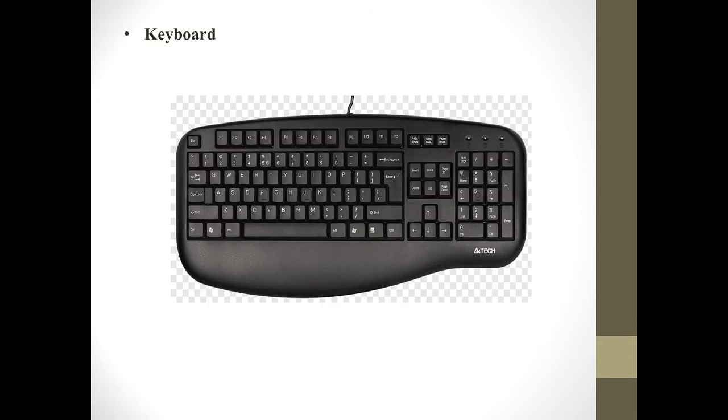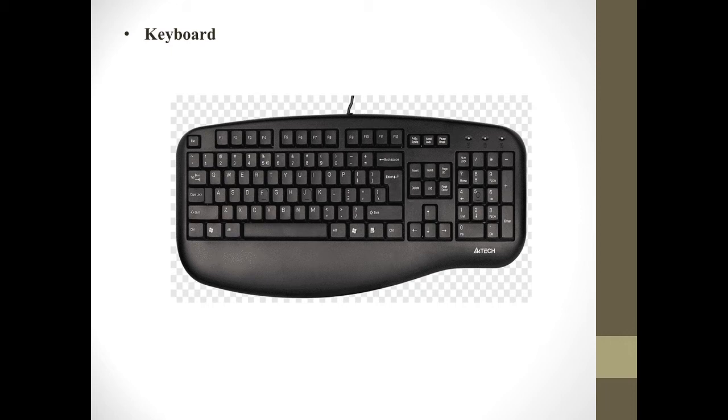So first, we will start with a simple input device, that is a keyboard. We all know the computer keyboard. There are so many brands of keyboards available in the market. Here I am showing a simple keyboard.